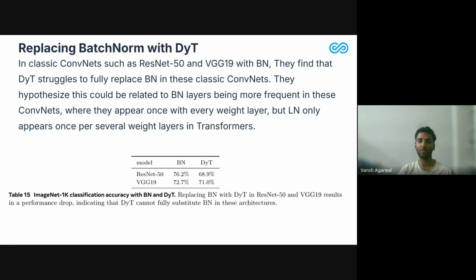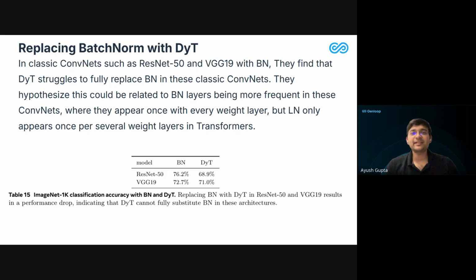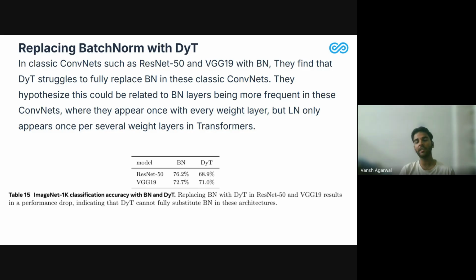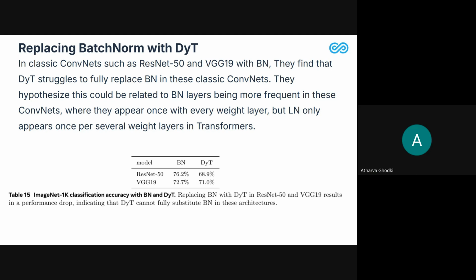There are just more layers, so I personally could not buy into why that's the case. What they might be saying then is that DYT is a good approximation for normalization if you're not normalizing too much. That's because their main selling point is efficiency.